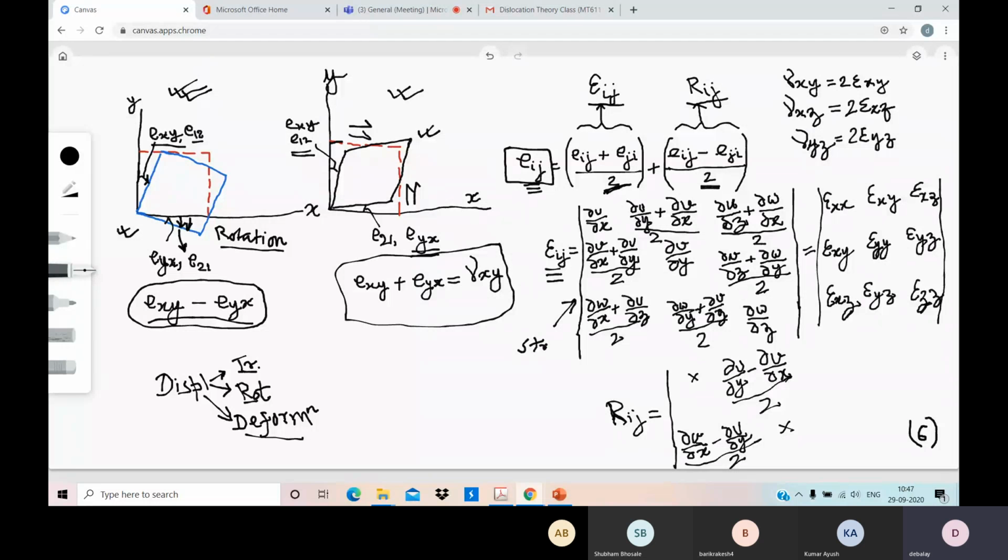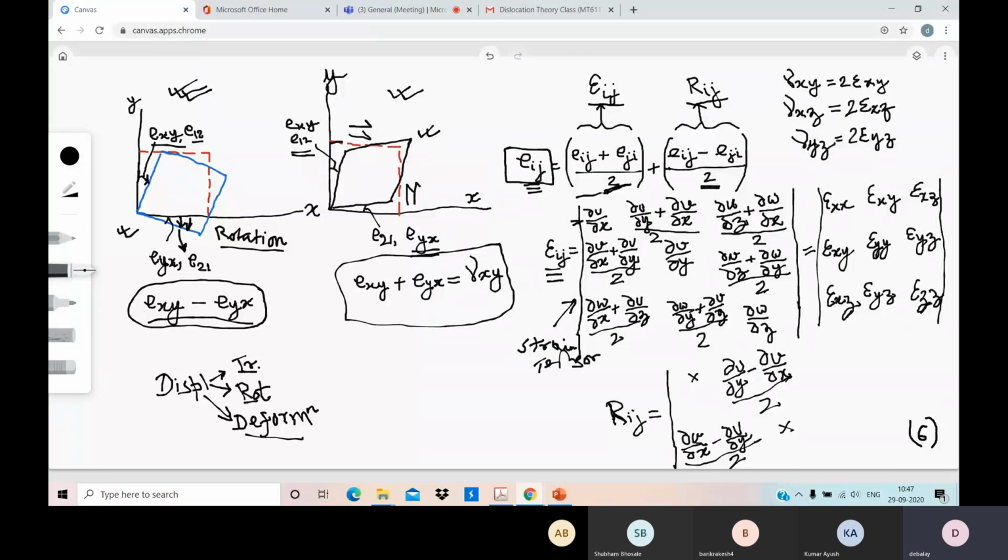You can call it strain tensor because here the angular changes are represented by plus terms only. First term will be del u del x, because Exx plus Exx by 2 plus Exx minus Exx by 2 is Exx, which is del u del x.